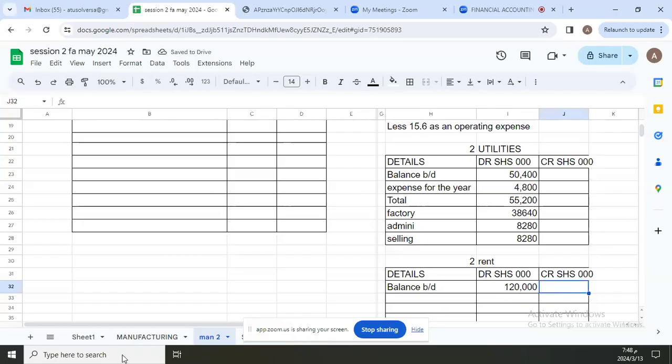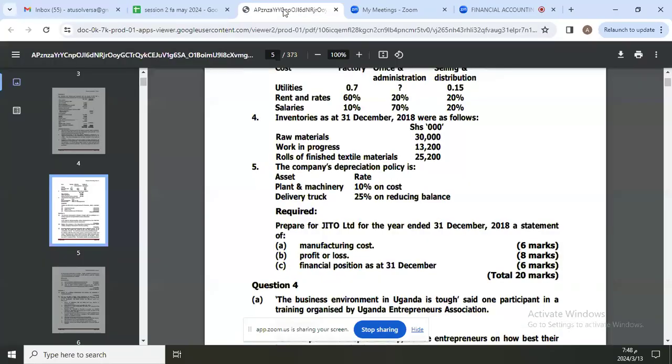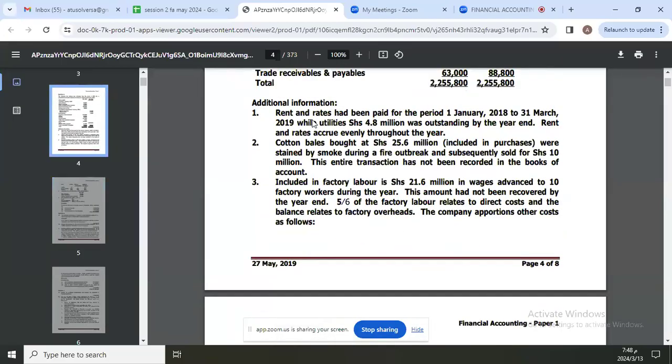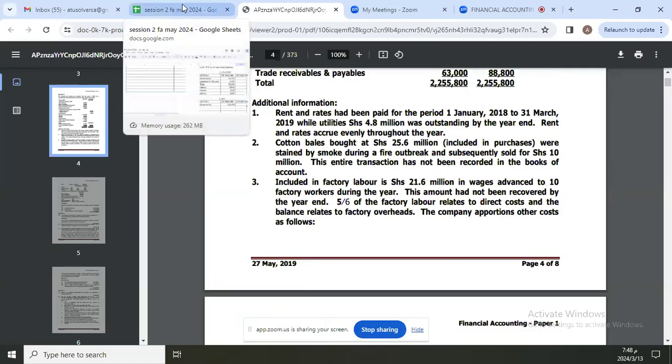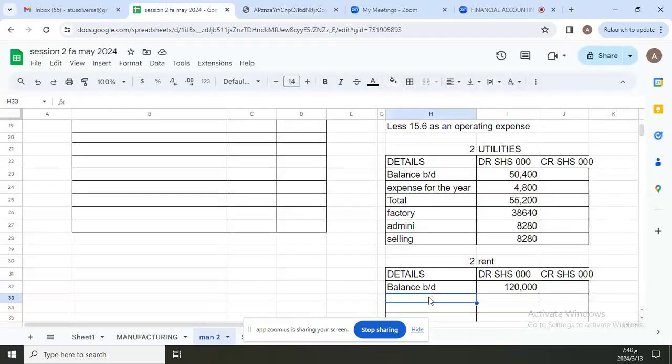Remember, included in the rent is 21,600 that we had given to these people, and they have not yet paid us. This one we call what? We call it prepaid rent.